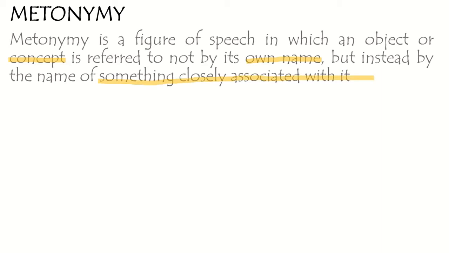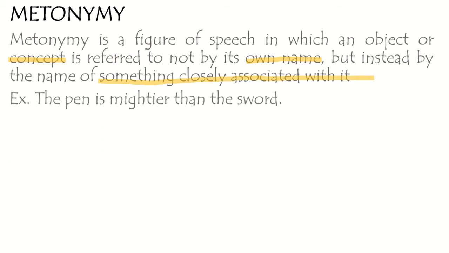Okay, for example, the pen is mightier than the sword. So this particular statement simply means writing is better than war, or fighting using writing is quite better than fighting.